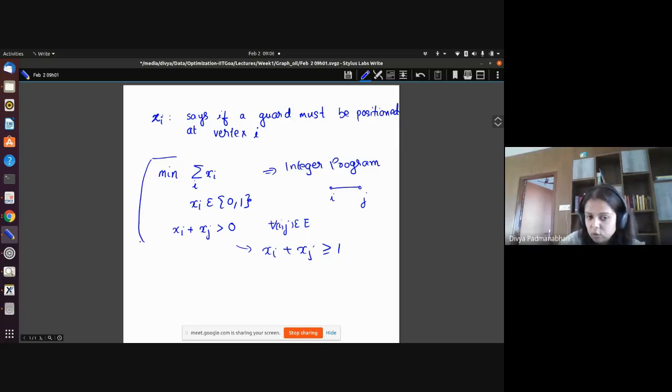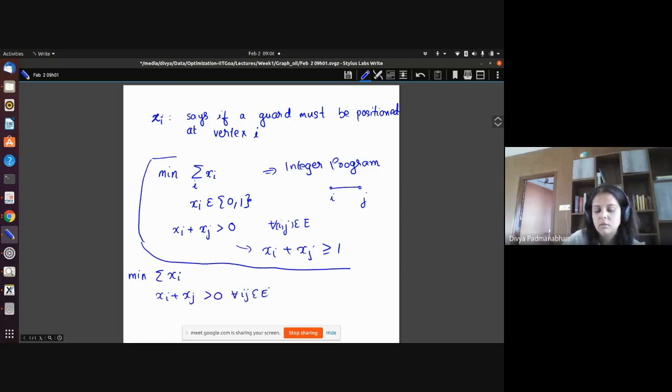Now actually, another way you could write this, so this is one formulation. Another way is you keep the same thing: minimize the sum of xi, with xi plus xj greater than 0 for all ij. And instead of the 0-1 constraint, you could write it as xi times (xi minus 1) equal to 0.